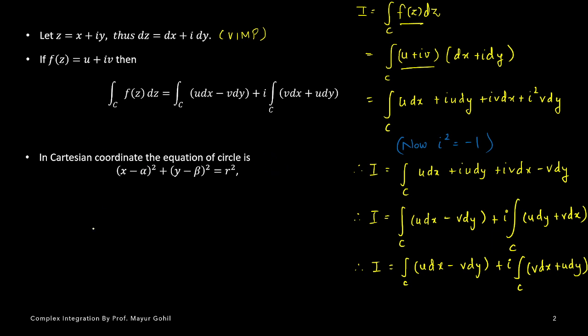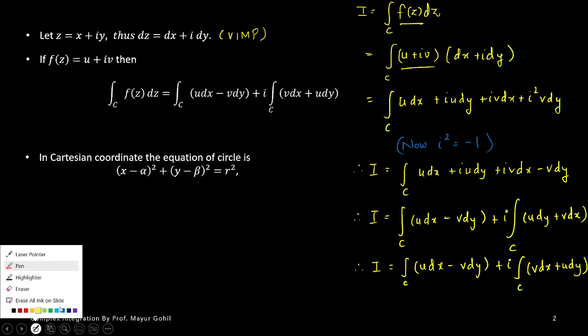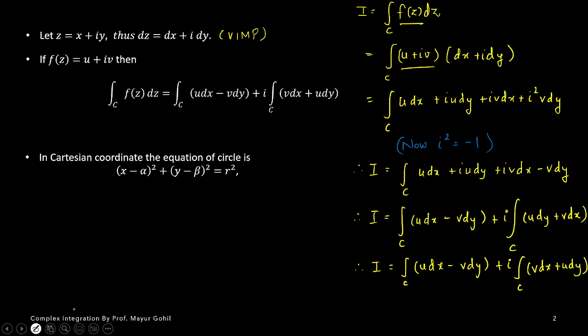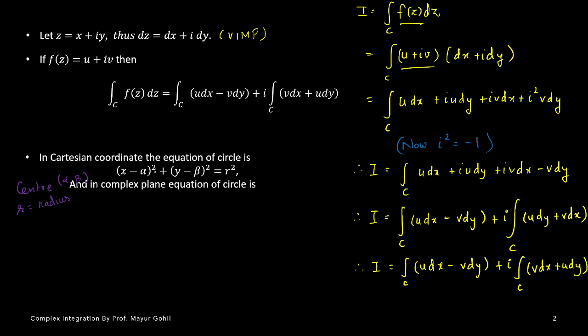Let me mention over here, the center is alpha comma beta and r is the radius. Then in the complex plane, the equation of the same circle is going to get converted to modulus of z minus alpha plus i beta equals r. Let me give you a small example regarding the same.